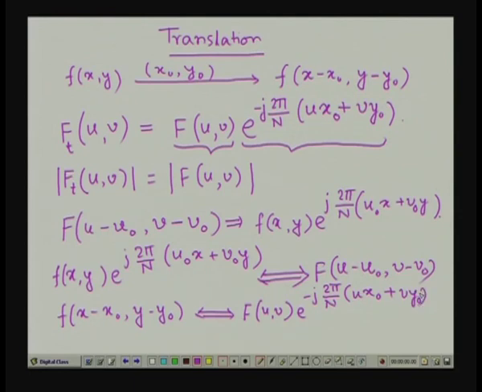So, these are the Fourier transform pairs under translation, the DFT pairs under translation. So, these are the two properties that we have discussed in the last lecture.